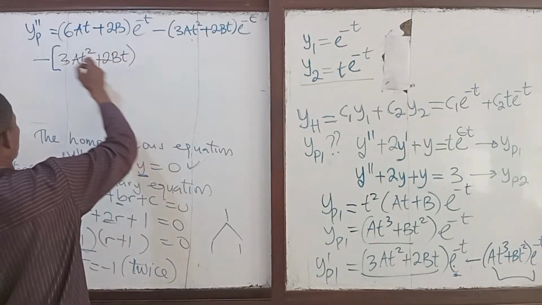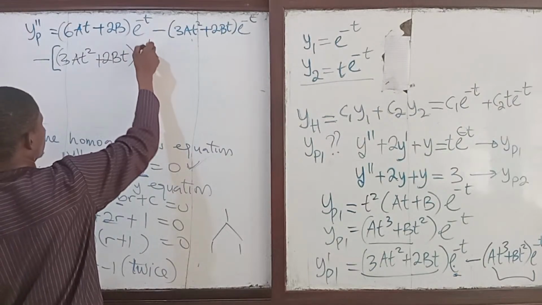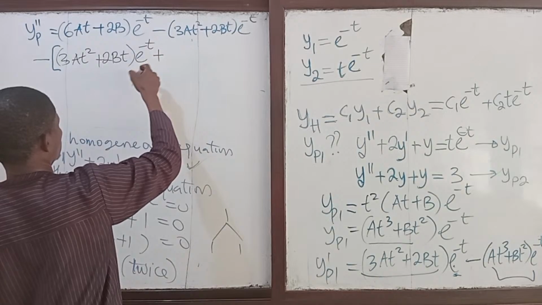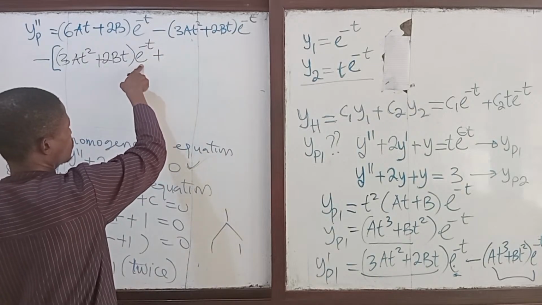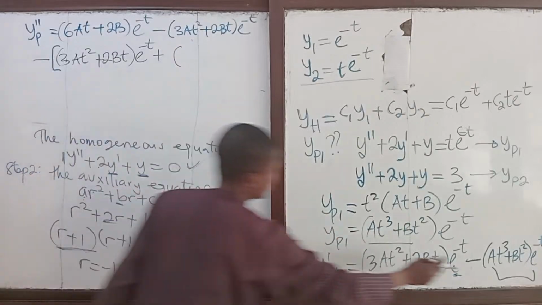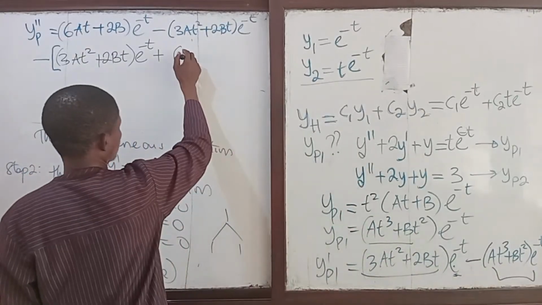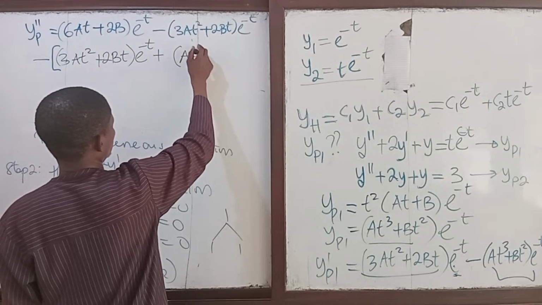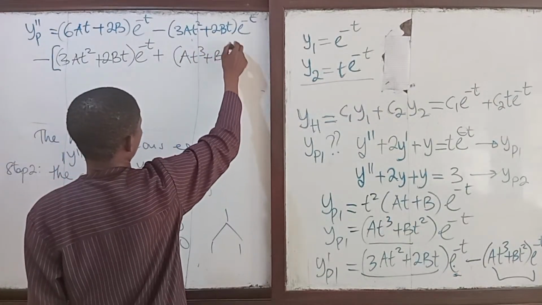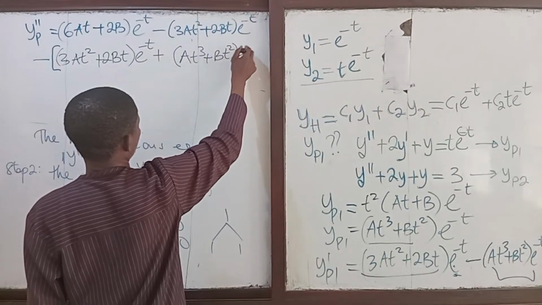Keep the e function constant, and then plus, now differentiate the e function, which will be minus, and keep this one constant: at cubed plus bt squared, and then e to the minus t.